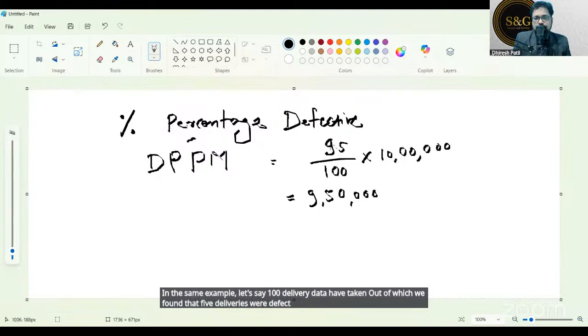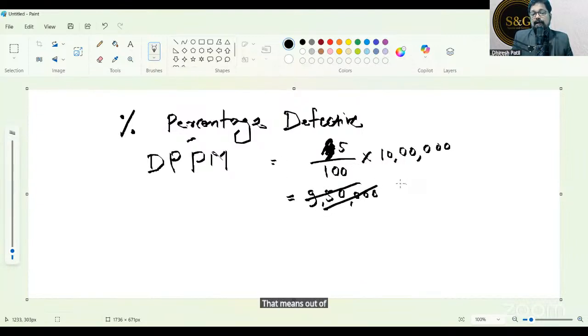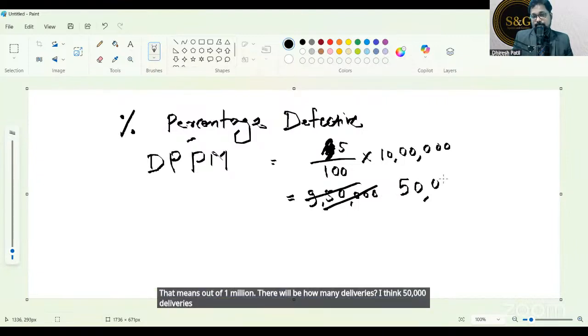That means out of 1 million, I think 50,000 deliveries will be defective. Are you understanding this? And this is called DPPM, or defective parts per million calculation.